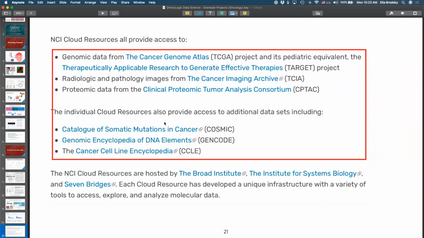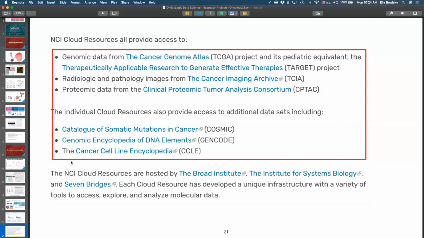And then also you have additional data sets that are not raw patient specific, but they're more conclusions. So based on, for example, somatic mutations in cancer, somatic mutations involved in treatment response and involved in cancer progression. Genomic encyclopedia DNA elements, for example, genes and isoforms would be gene elements.